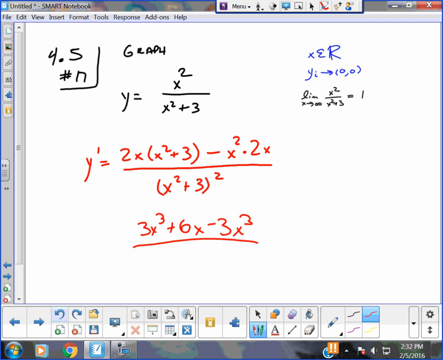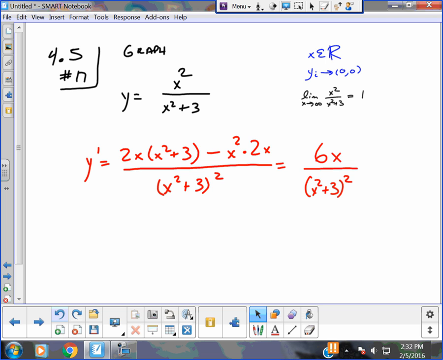I'm feeling pretty good about life when I see that. Oh, 2x cubes, thank you. Doesn't matter because they're going to cancel out. No math there. So what I'm going to get here for y prime, I'm just going to put up here so I can keep board space: 6x over the bottom squared, which was x squared plus 3 quantity squared.